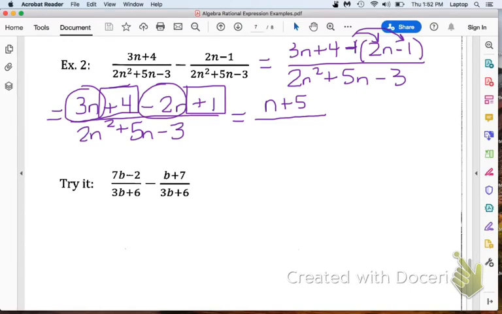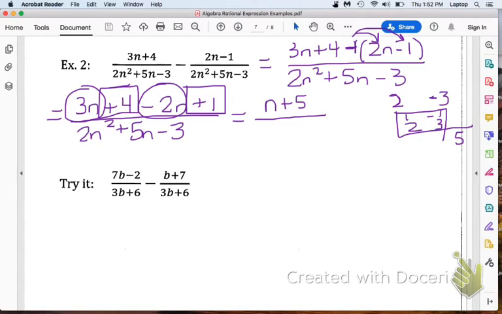You have 2 and negative 3 that need to sum to a positive 5. So the factors of 2 are 1 and 2, and then the factors of 3 are a negative 1 and a positive 3.